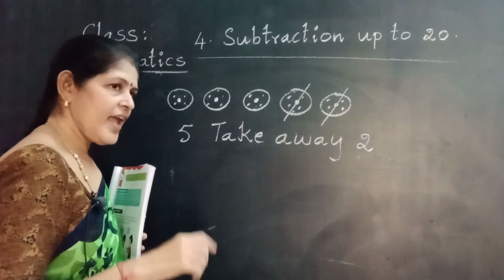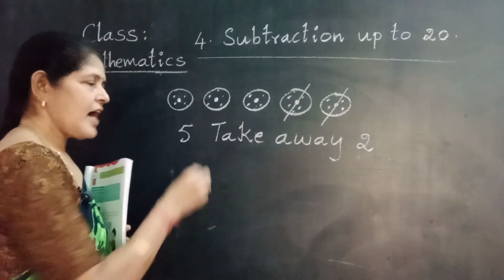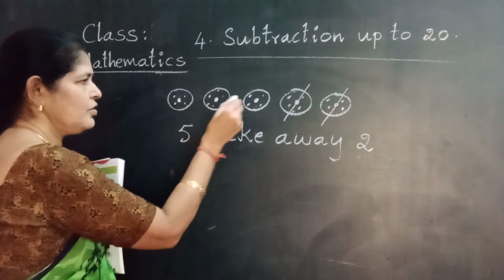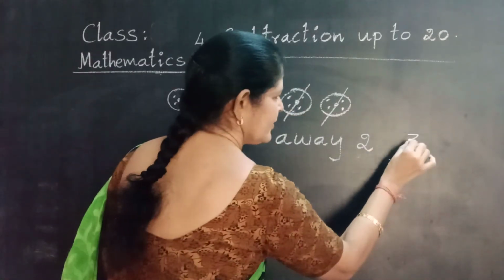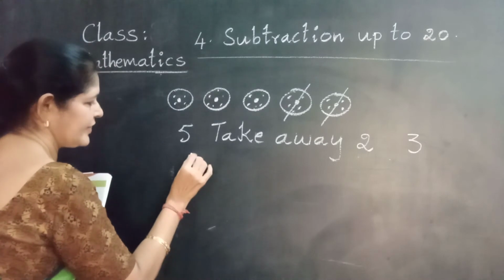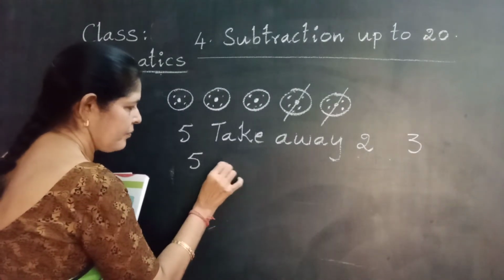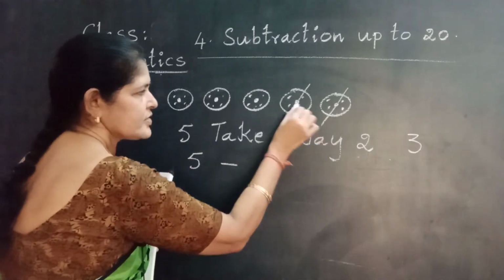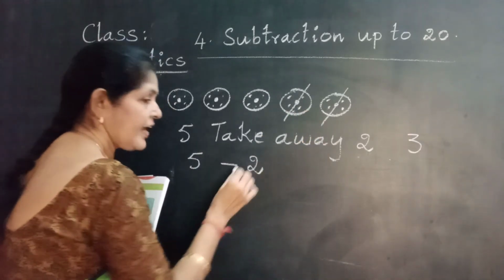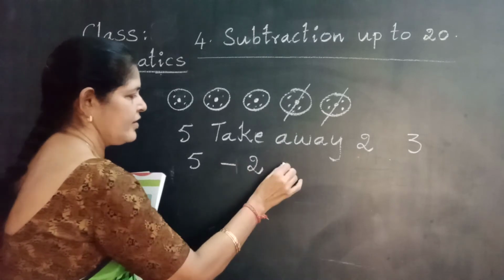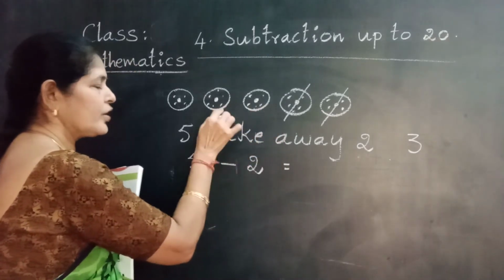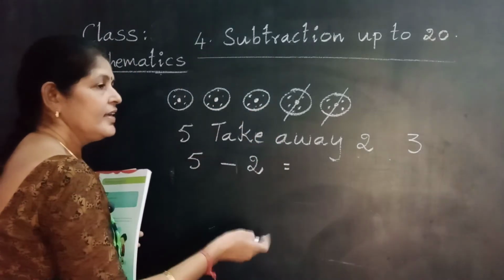Then how many are left? Let us count. 1, 2, 3. This is shown like this. Total cookies take away, minus, crossed cookies are 2. That means spoiled cookies.